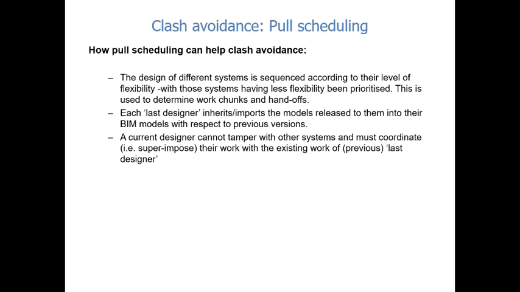That model of the last designer will be the model used by the next designer, or the one who inherits the model. If the model has issues, you will inherit issues with it. So when you design your model, you design it in a way that it fits the last designer that you received the design from. Okay, and if it has issues, your model will have issues as well.